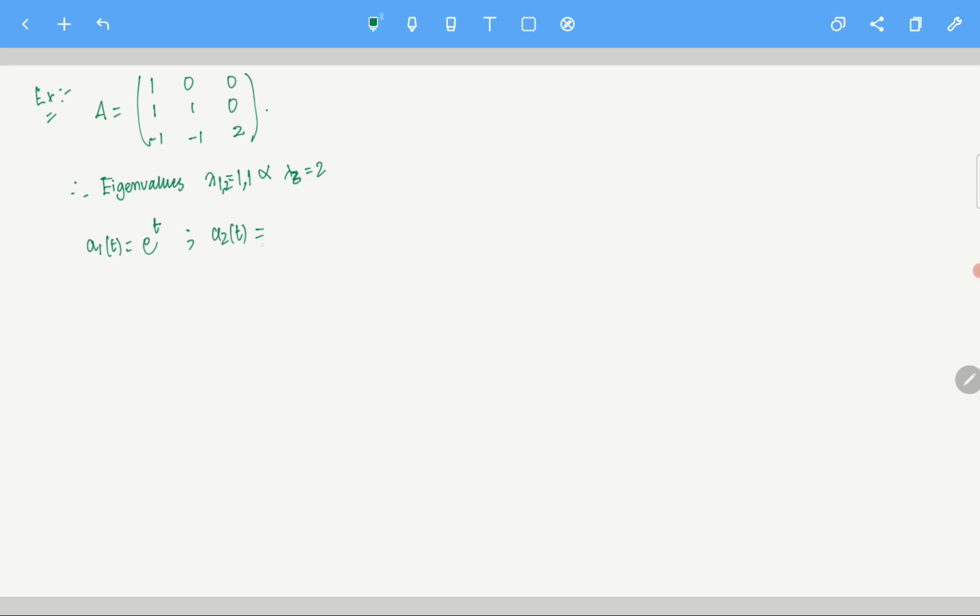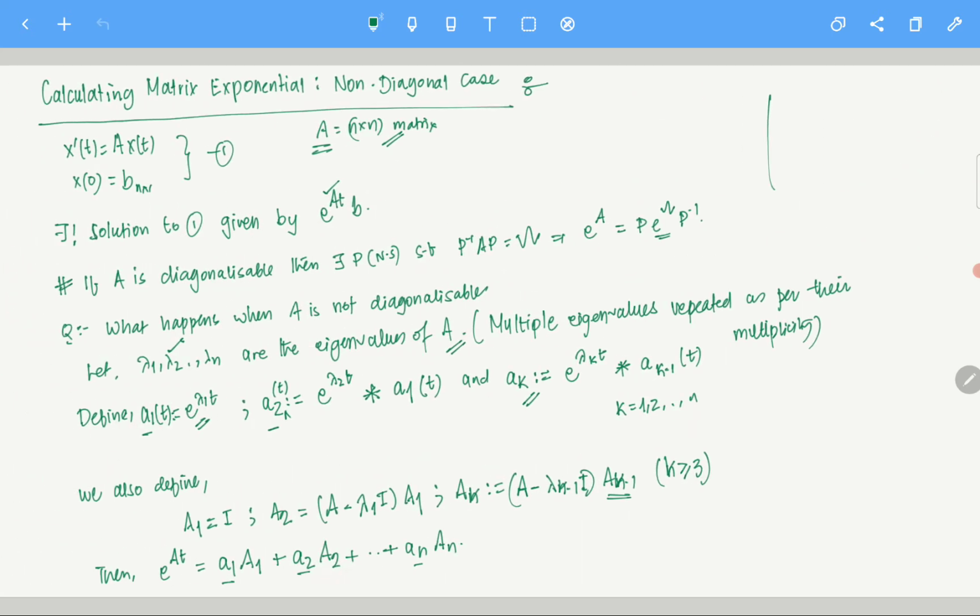That is the convolution. Oh right, one small detail, I had assumed that you guys know convolution, but if you don't know, let me write it here. What is convolution? This e power lambda k t convolved with a_{k-1}, what does that mean?